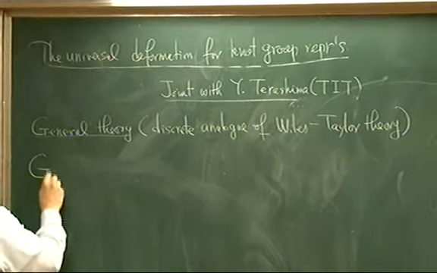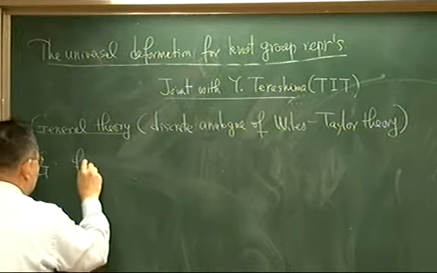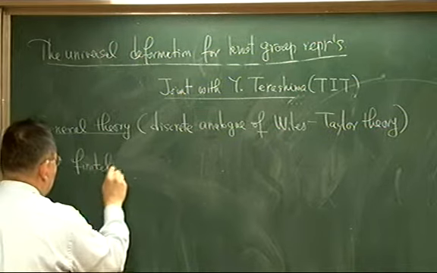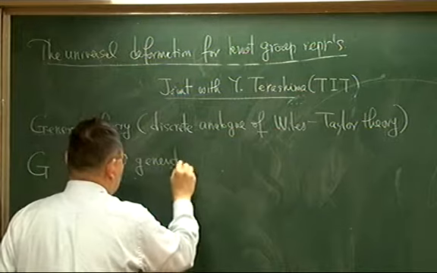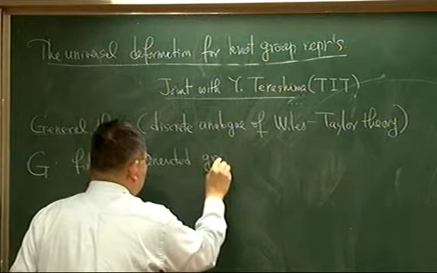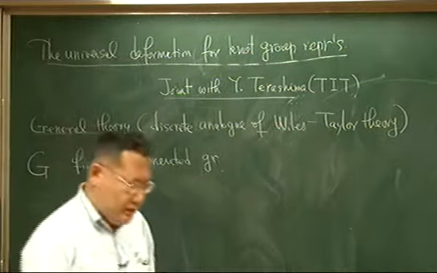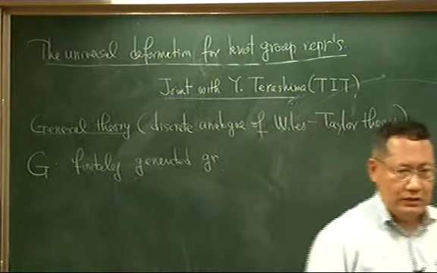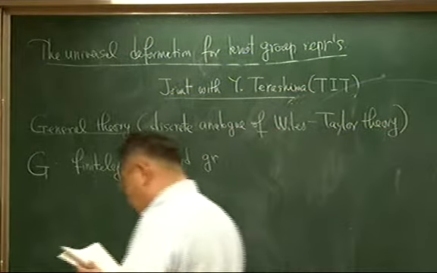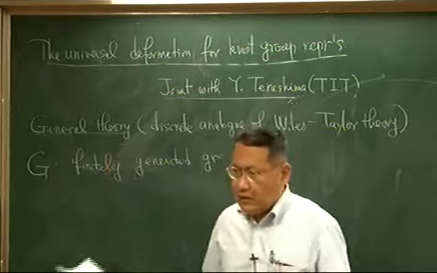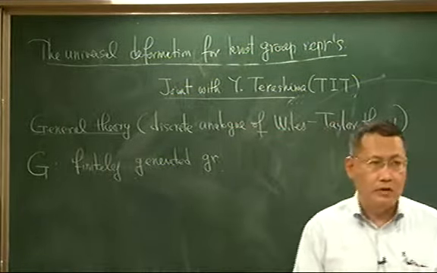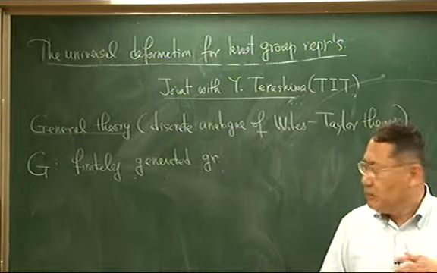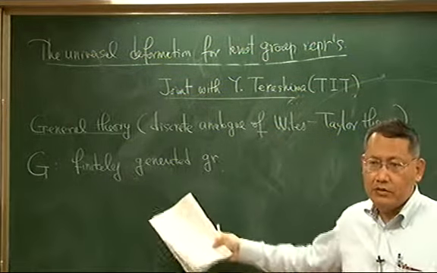So let G be any finitely generated group. This is going to be the knot group later, but this general theory can be applied to any finitely generated group. So if you like a Klein group, maybe a Fuchsian group, or a braid group, it's okay.